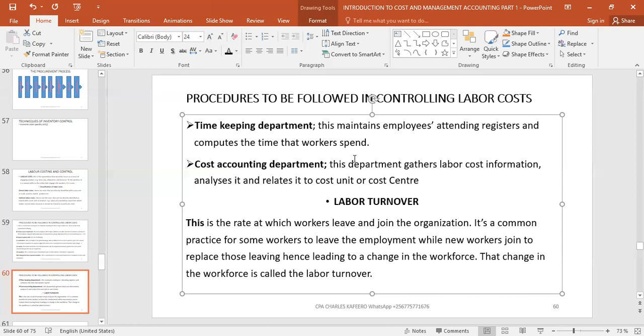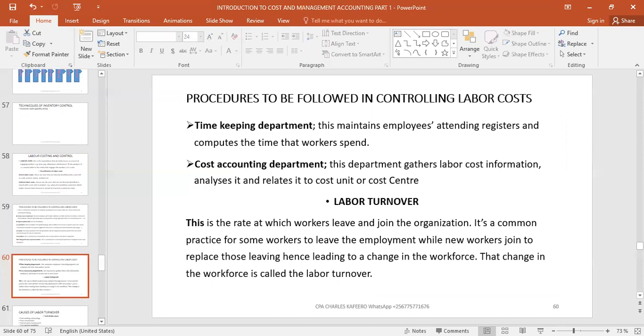The other thing I want to look at is labor turnover. Labor turnover is the rate at which employees leave the organization and join the organization.